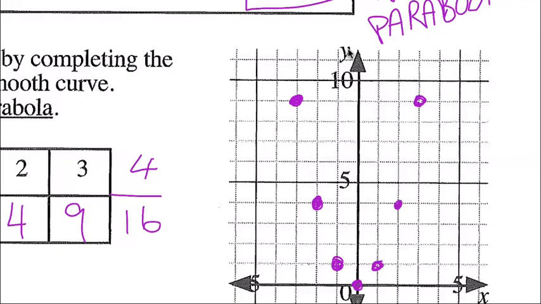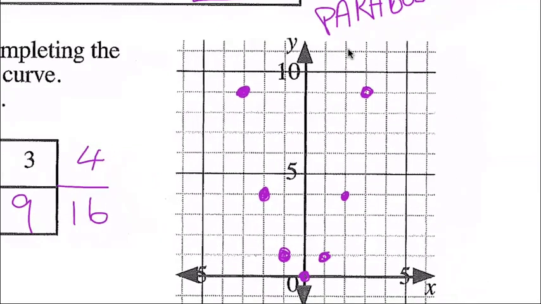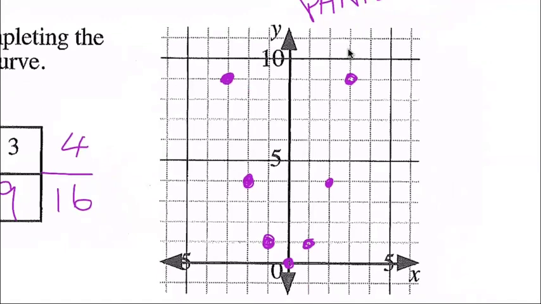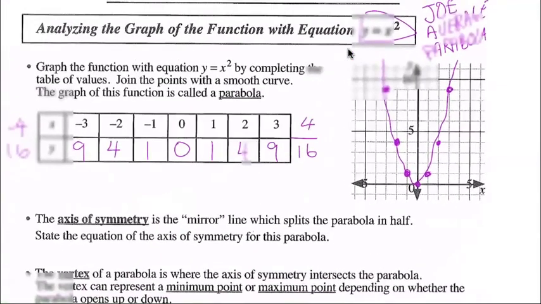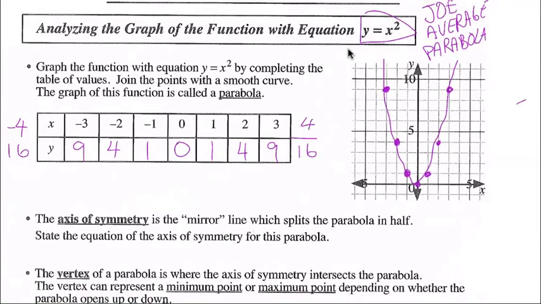And you get a nice U-shaped graph. Now, my pen does not allow me to draw a nice curve, so I'm just going to wing it. There we go. Nice U-shaped curve. This is the Joe average parabola. You should be able to plot this almost instantly on a piece of graph paper.